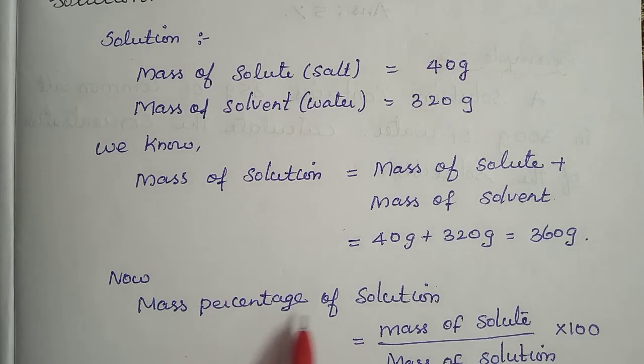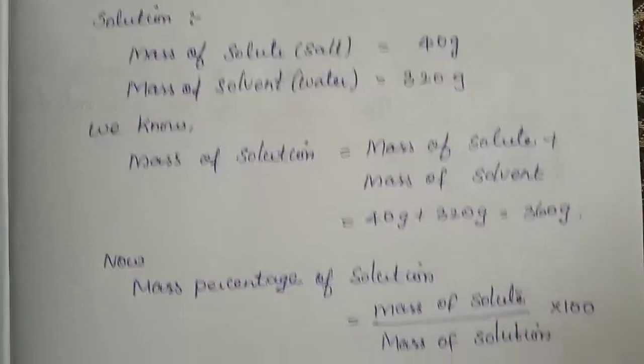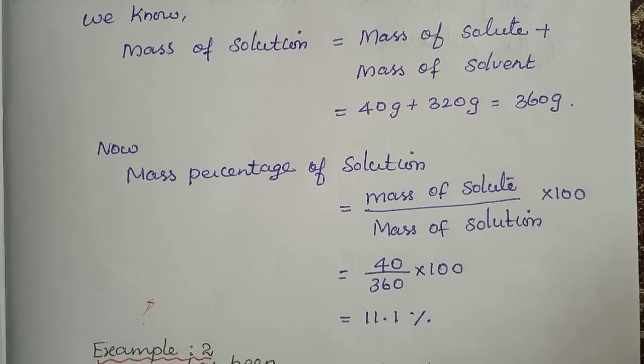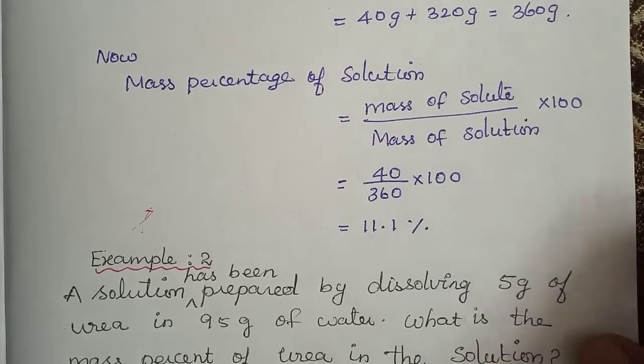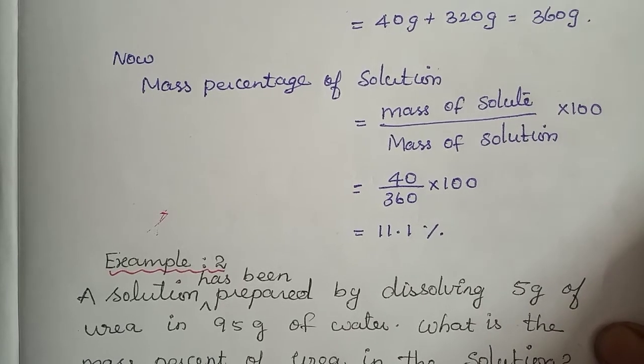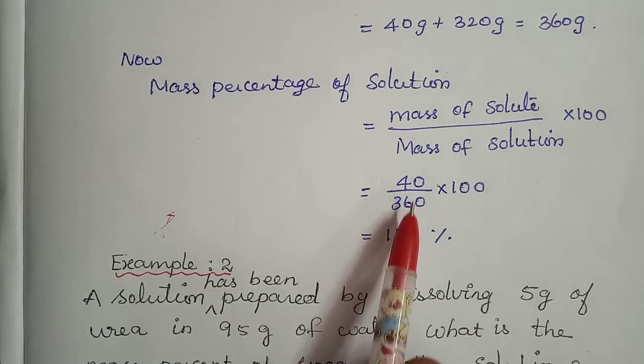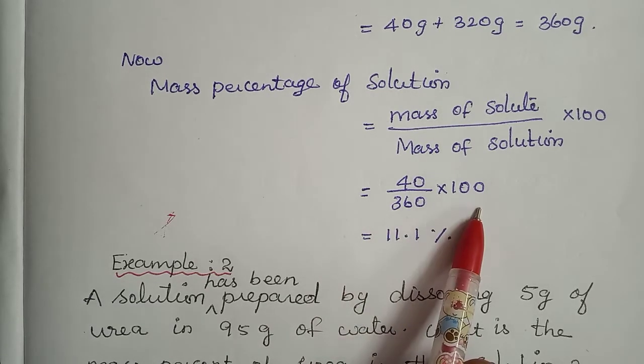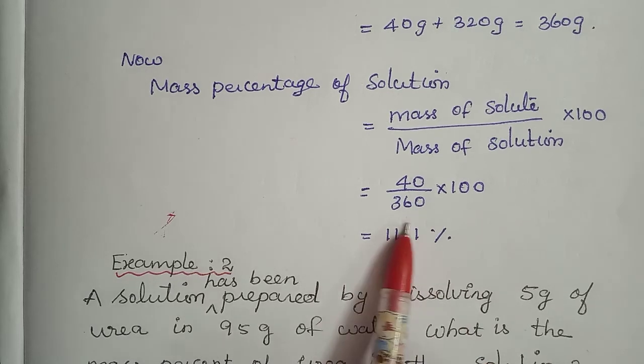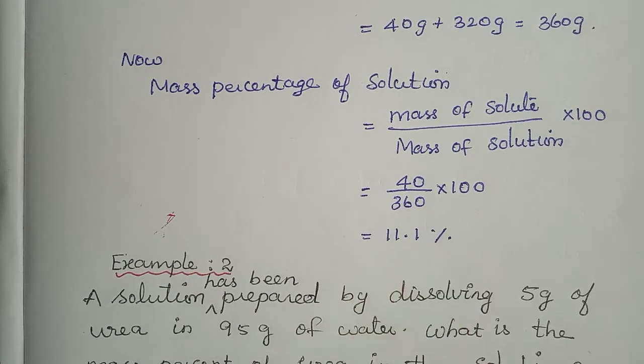Now mass percentage of solution is equal to mass of solute by mass of solution into 100, is equal to 40 by 360 into 100, approximately 11.1 percent. So mass percentage of the solution is 11.1 percent.